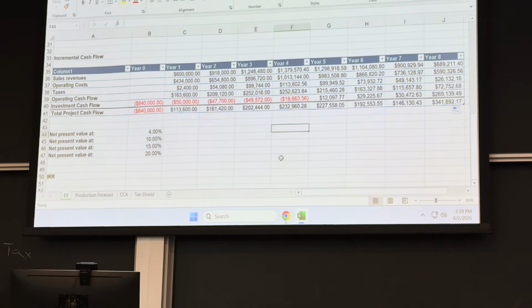Year 6, 192.6. Year 7, 146.1. Year 8, 341.9. Okay, so I've entered 8 years of cash flow using the last line, the total project cash flow. So it's always a good habit to scroll through them again and make sure all the numbers match. 161.4, 202.4, 233.